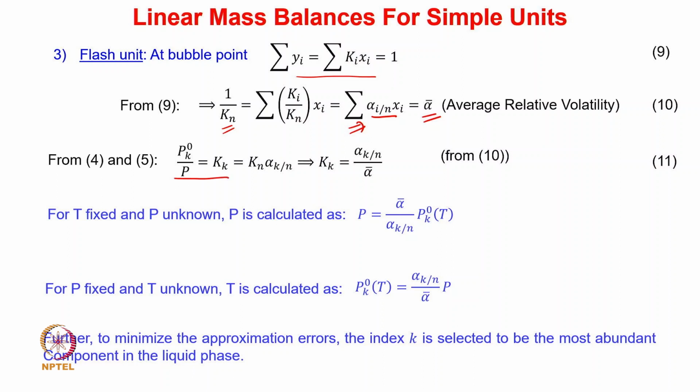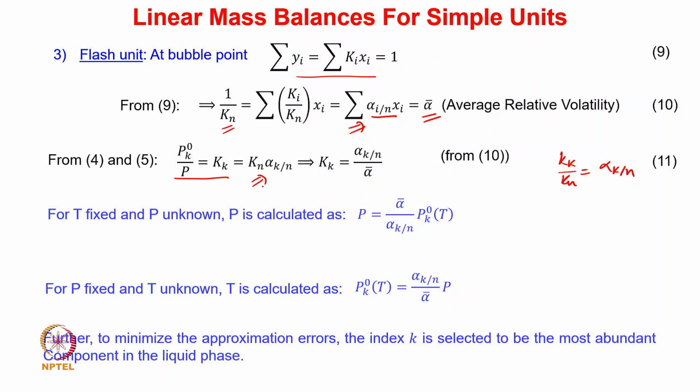So again, this is kk by kn, which is nothing but alpha kn. So I can represent this kk as kn into alpha kn, isn't it? Remember kk by kn is nothing but alpha kn. So from this particular equation I can calculate kk as kn into alpha kn. So that is what is written here.